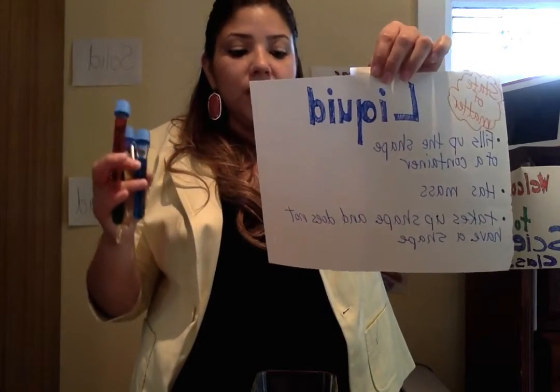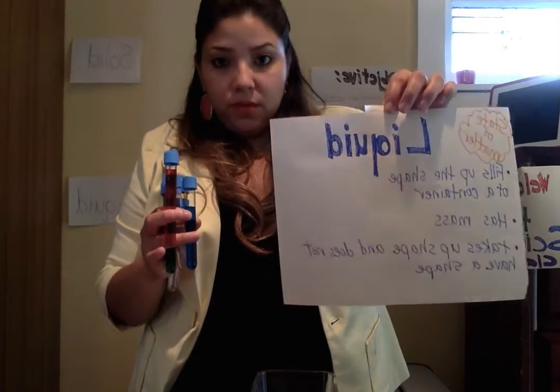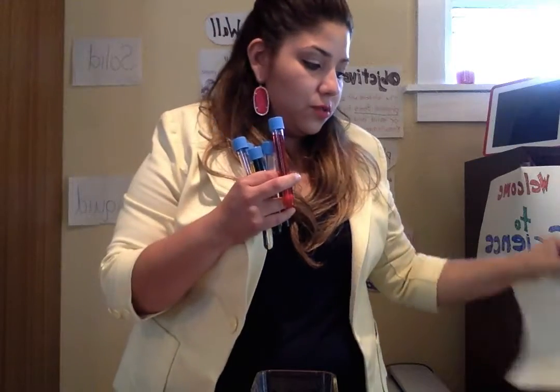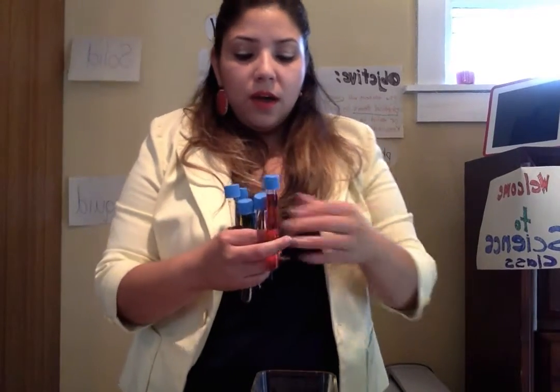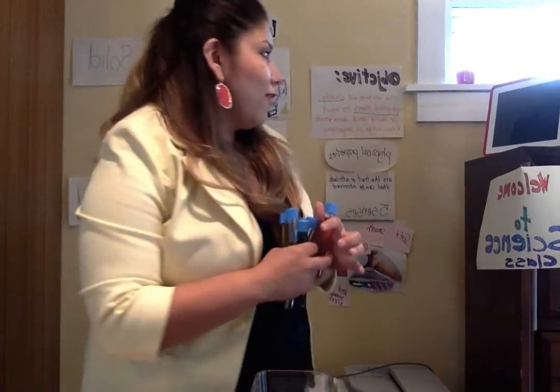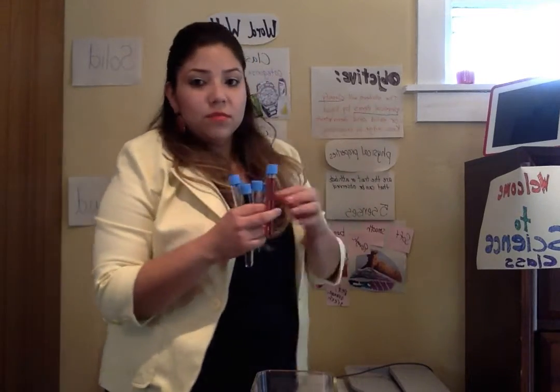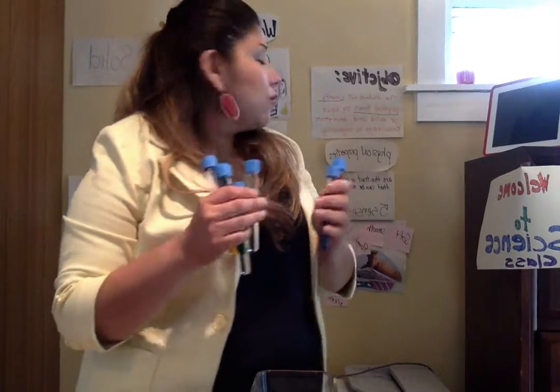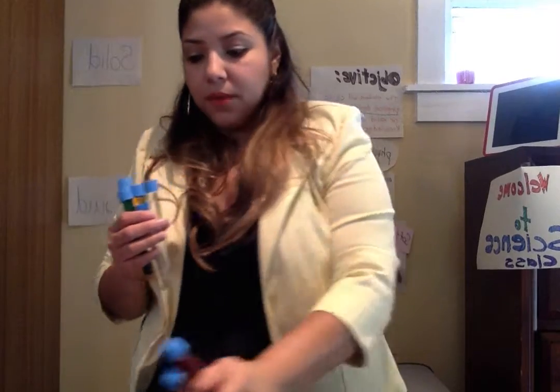It also takes up space and it does not have a shape of its own. Therefore, we're using these test tubes. So we are going to classify the physical item of a liquid by categorizing them.